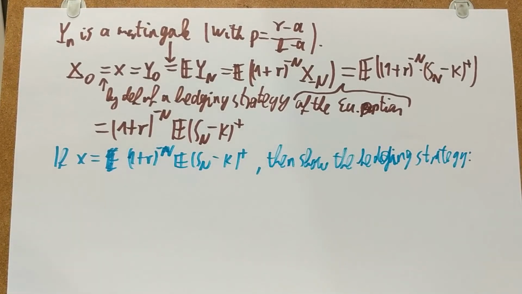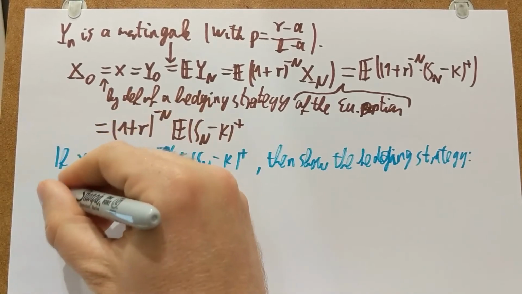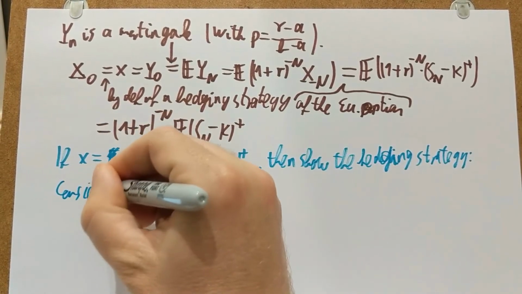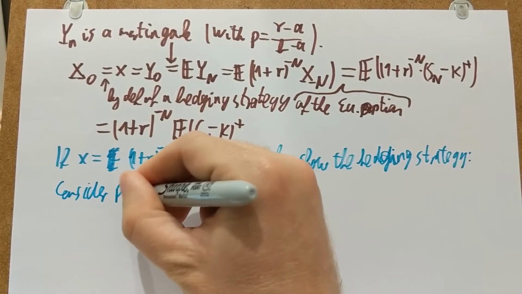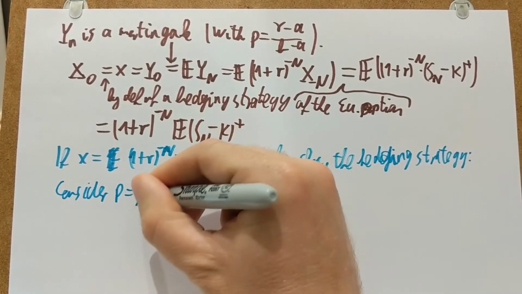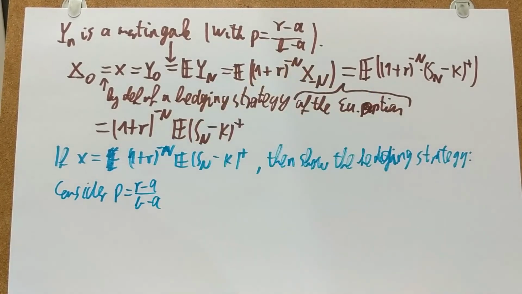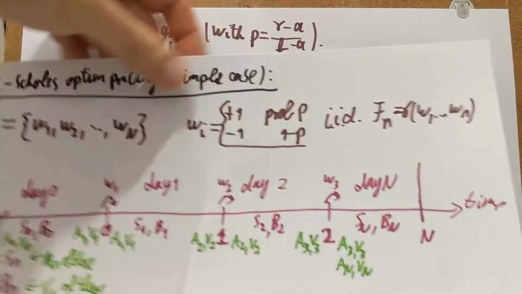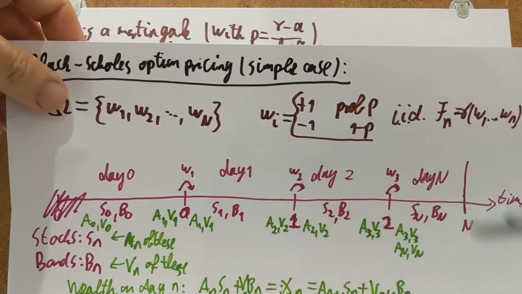Well, it's easy, because for that direction what I'm going to do is build up the probability space. So consider P equals R minus A over B minus A, and the probability space we started with. So consider these plus-minus ones.